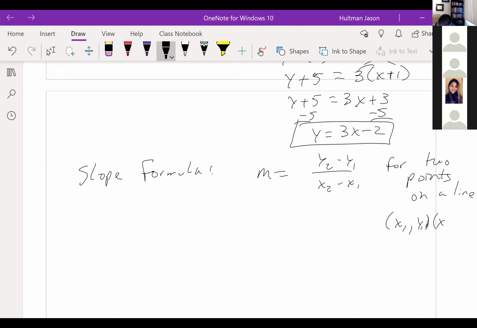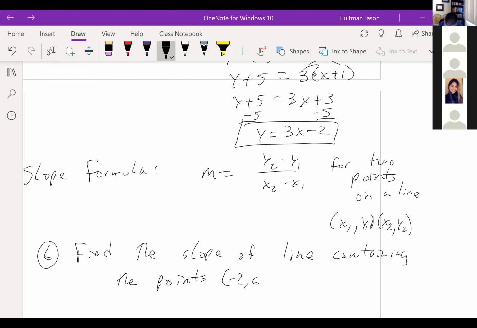Okay, so number 6. Find the slope of the line containing the points -2, 6 and -4, 9.